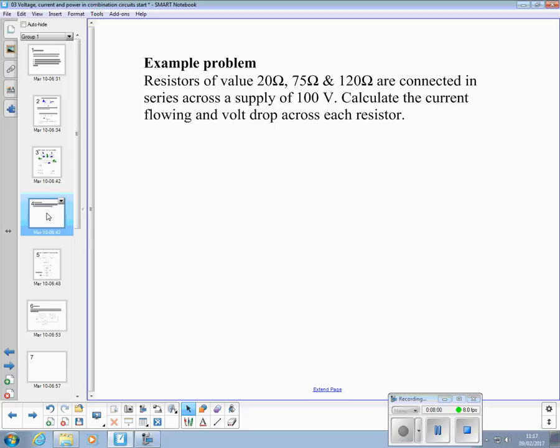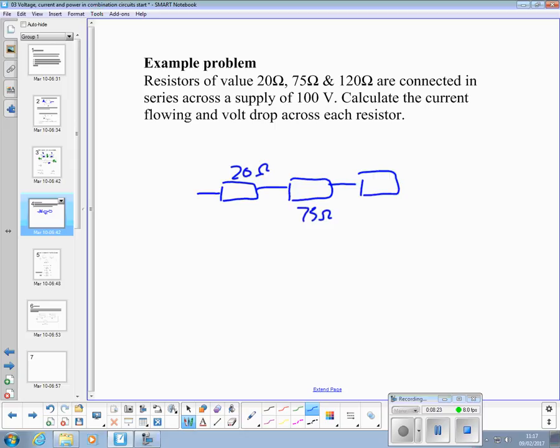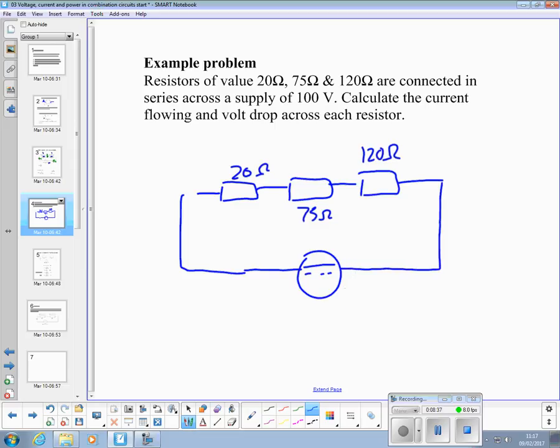So, example problem. Resistors of value 20 ohms, 75 ohms and 120 ohms connected in series across a DC supply of 100 volts.